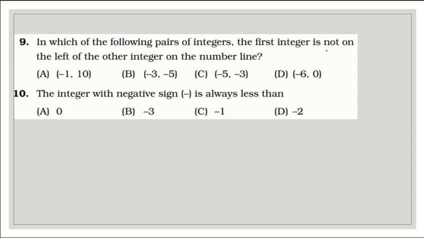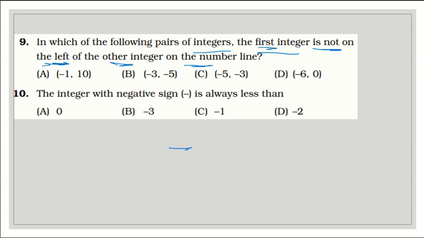Next, question number 9, in which of the following pairs of integers the first integer is not on the left of the other integer.